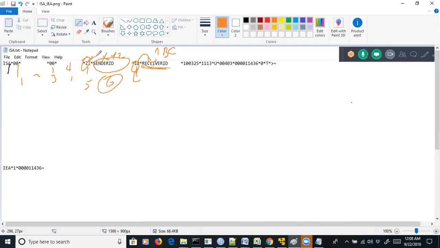Here ZZ means it is some custom string that these two parties have agreed upon, but the receiver has said I will provide my tax file number. Because this is my tax file number, the seventh field is 12, and 12 means the tax file number will be available in the next field, which is the eighth field, I think. So this is the significance of these two fields.